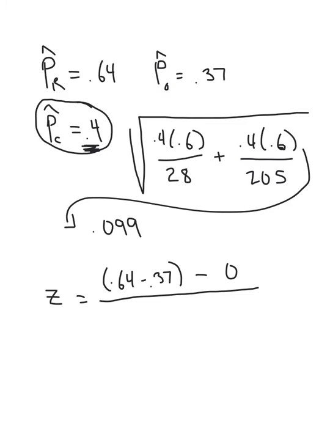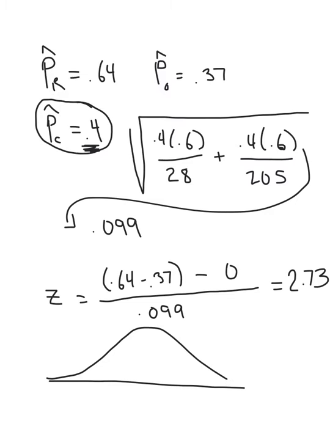And that's the number we're testing against, divided by 0.099. So then when you divide that, you get 2.73. Now, what does that mean? We are way up here, 2.73 standard deviations above the average.